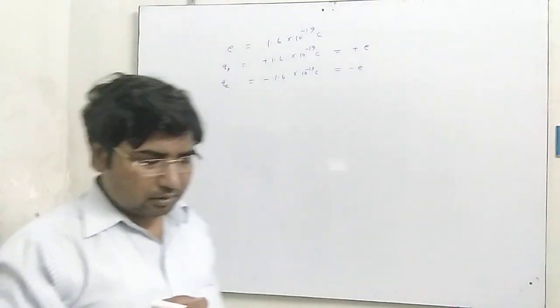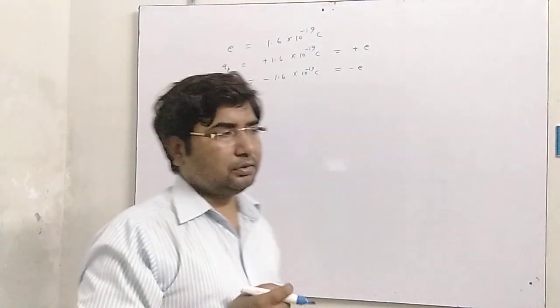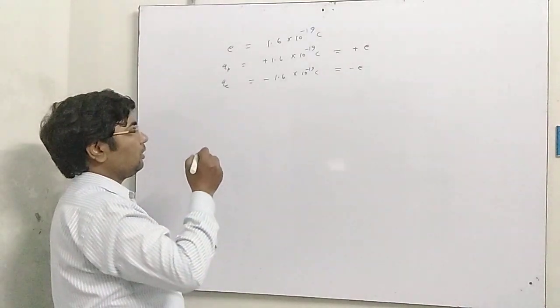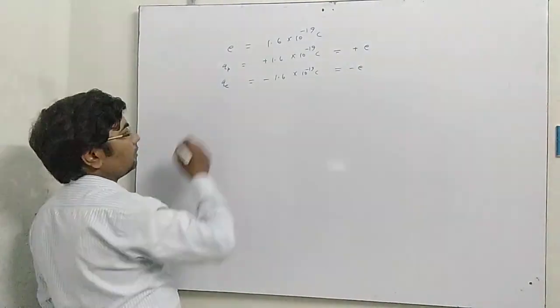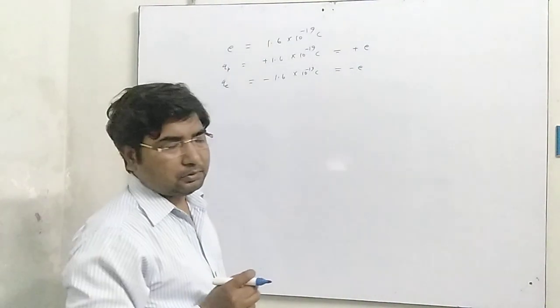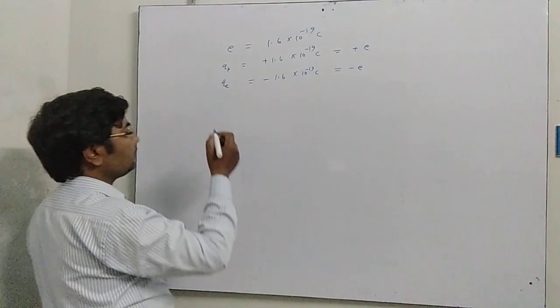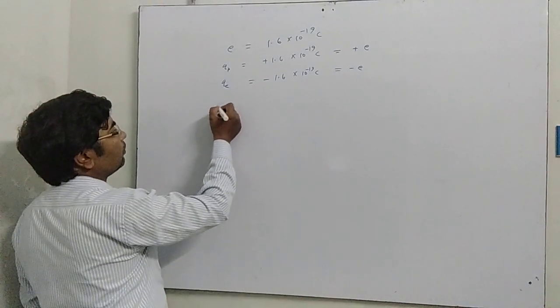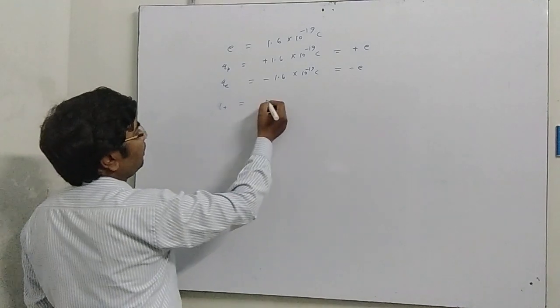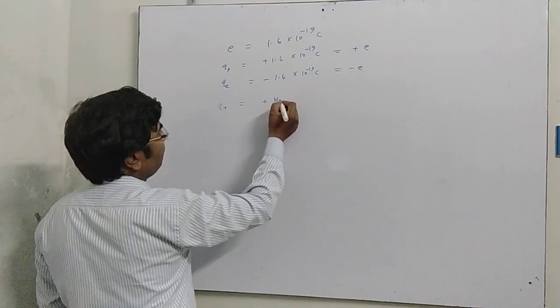Now if we consider the number of protons contained in the substance is capital Np, then the amount of positive charge contained in the substance Q plus equal to plus Np into small e.